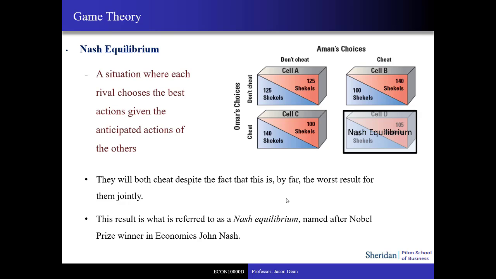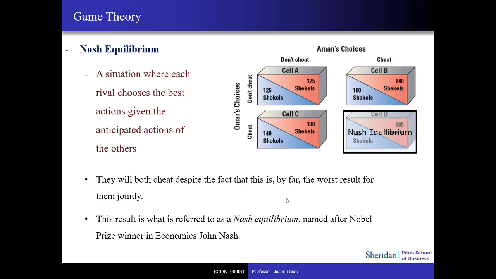And this is in the face of the fact that they both know that if they both don't cheat, they'd have the highest payoffs. Okay, so anyways, that's the main idea.